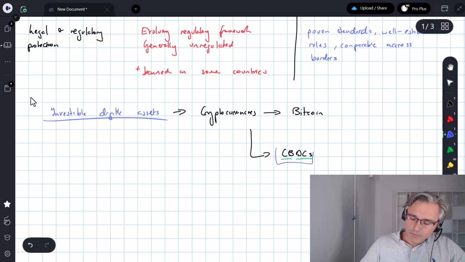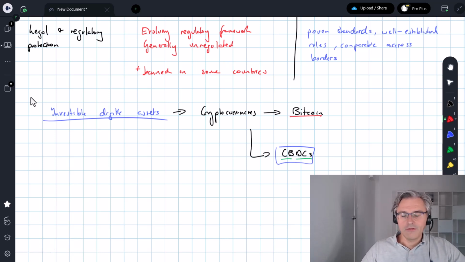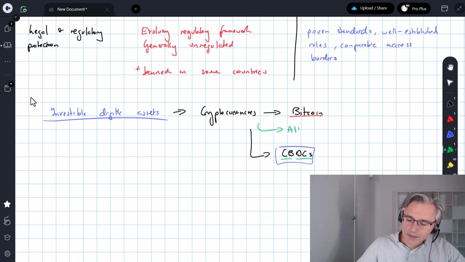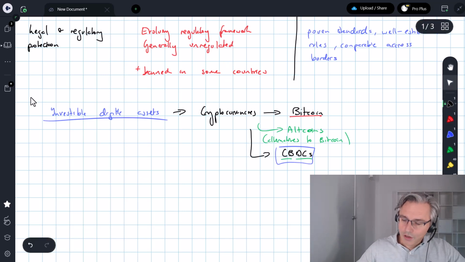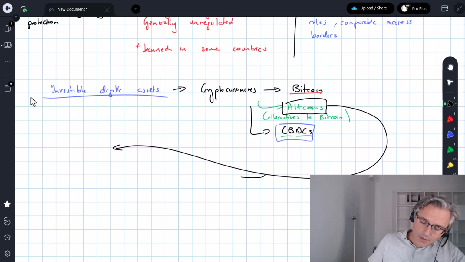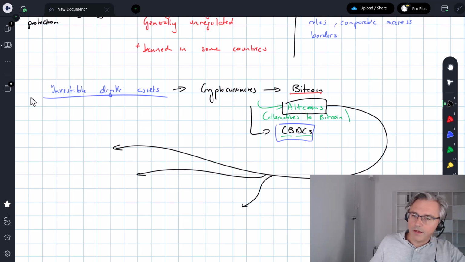However, putting this aside, focusing on the ones that are not under the influence and control of central banks, everything other than Bitcoin is described as altcoins, so alternatives to the big one, that's Bitcoin. And within these alternatives to Bitcoin, let's drill further down, because the book talks about three things.